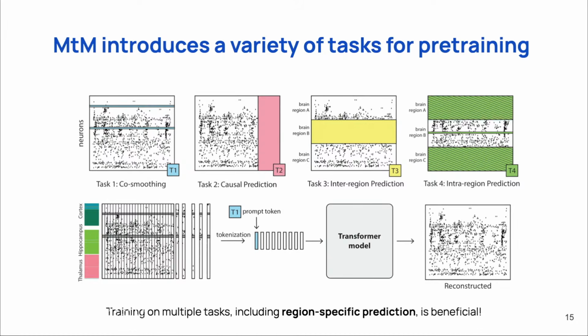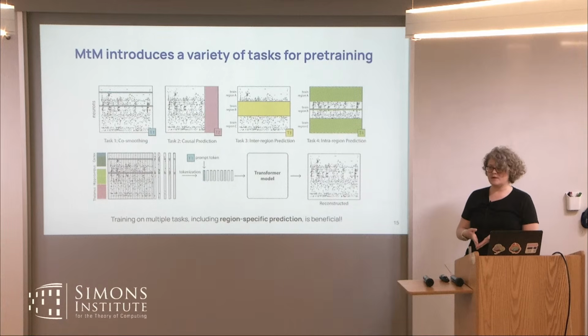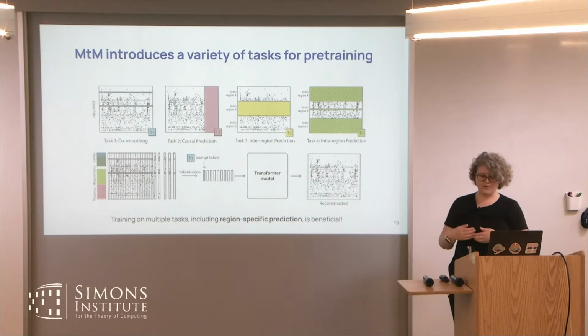So something like this, where we do inter-region prediction, so using different brain regions to potentially predict held out activity. And this can be a really meaningful objective when we want to learn things about inter-region dynamics. And without this, the model can actually be quite myopic and use very local relationships.